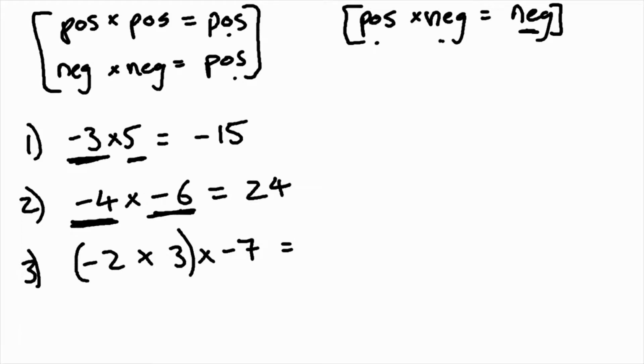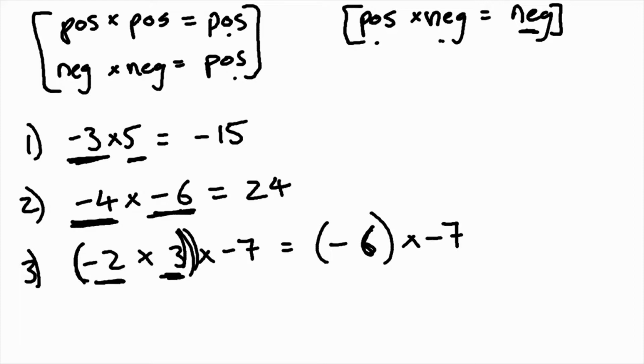And then my answer to this calculation, I'm then going to multiply by -7. So -2 times 3: -2 is negative, the 3 is positive, so our answer is going to be negative. 2 multiplied by 3 is going to be 6.